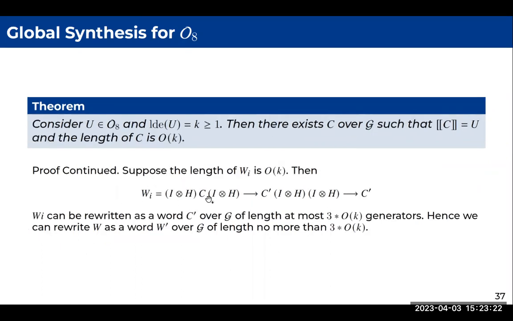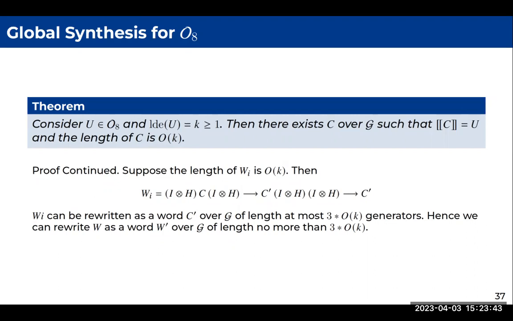And then you have the pushing and adjacent, and then, by the way, the other thing that you may be wondering is, why do we know that I tensor H is definitely going to be canceled out? Well, the reason is, if you are dealing with an element from O8, you know that your scalar must be 1 over 2 to the power of something, right?